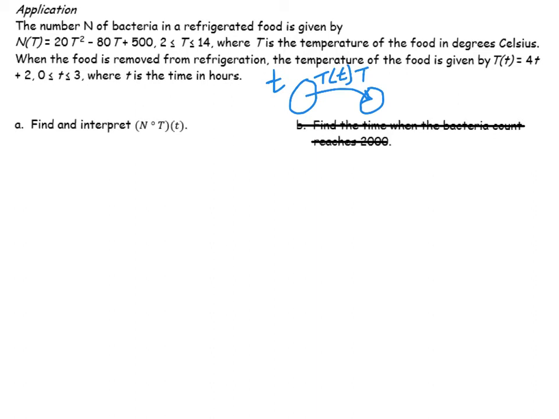If the food has been out for this long, here's the temperature of that food now, if it's just sitting out, okay? We have a second one called N of big T, which tells you based off the temperature of the food, how much bacteria is growing on it.